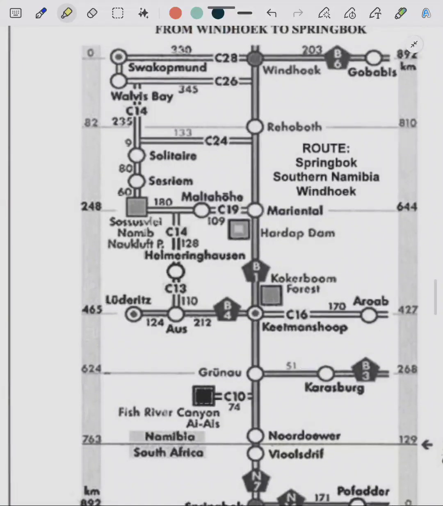We are told that she starts at Solitaire. If I look at the map, there's Solitaire. And she traveled 140 kilometers south on the C14. I can see it over here, which already implies to me that the C14 is going to be a gravel road. You don't have to follow her route perfectly. We just need to know the type of road for each one.